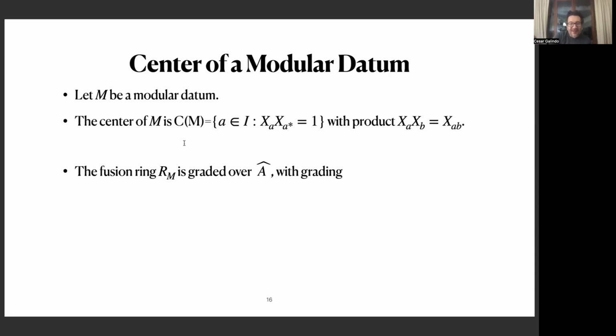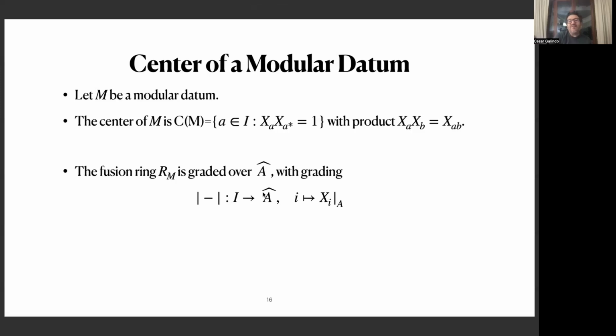Sorry, I made a mistake: instead of calling it CM, it should be A. Here by this A, I'm referring to the center of the modular data. So this A corresponds exactly to this group, all the functions that satisfy this condition. This is a finite abelian group, and the fusion ring is universally graded over the dual of the center of the modular data.